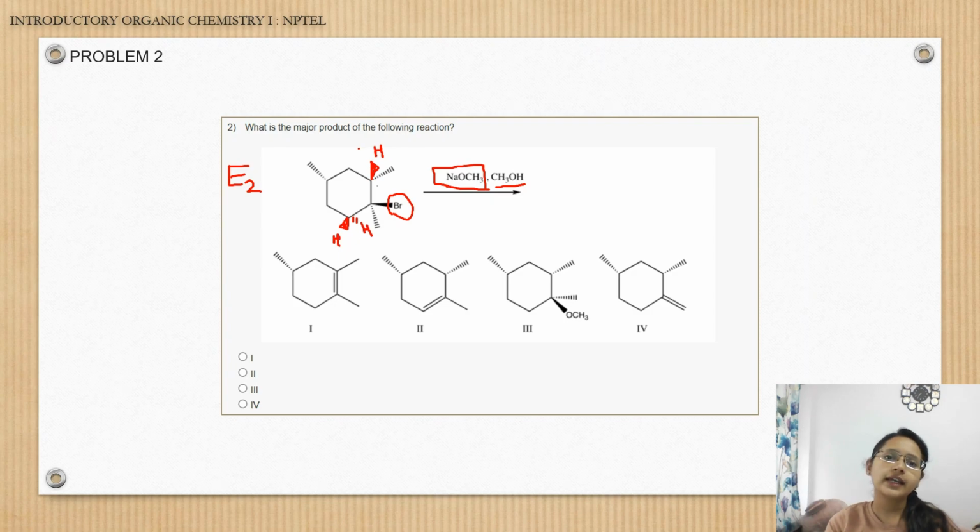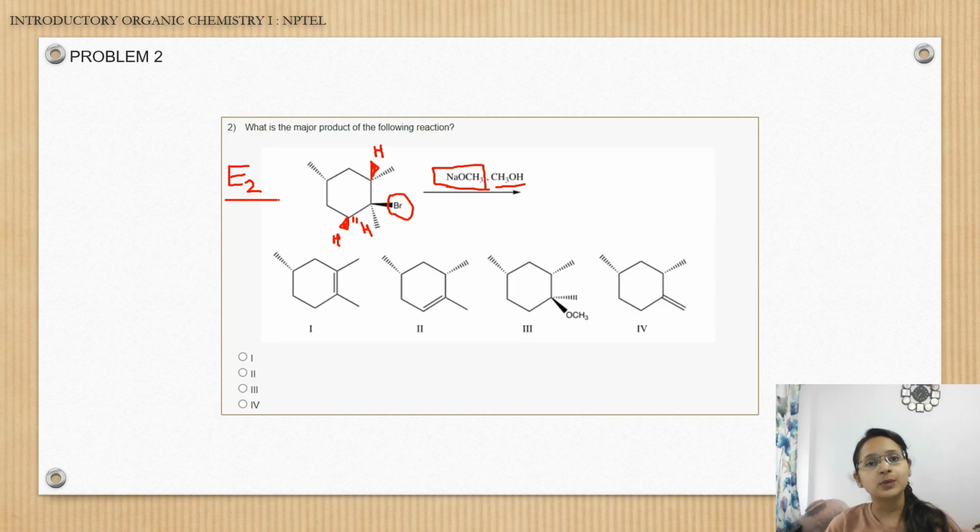And in the adjacent position, what you can see here is, if E2 elimination is operative, I have told you E2 elimination has one rule, one condition: the hydrogen which is getting abstracted and the leaving group should be anti-periplanar to each other. That means it should be opposite to each other.